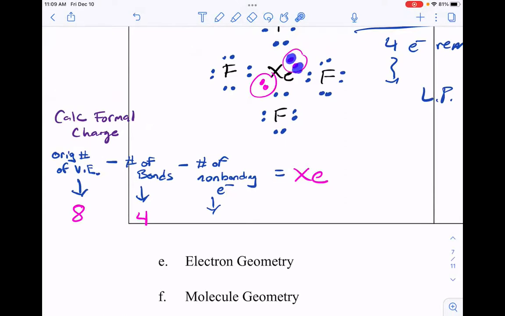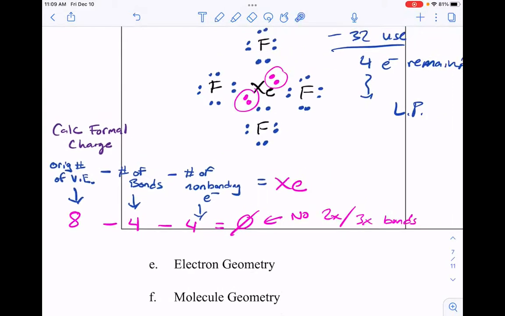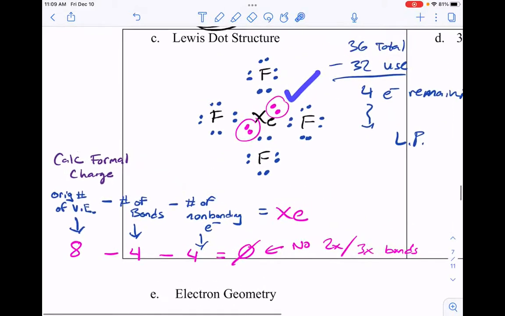So 1, 2, 3, 4 are non-bonding. So 8 minus 4 minus 4 is 0. This calculation tells us that there are no double bonds. I'm just going to put no double or triple bonds. In other words, this structure is correct as it is.